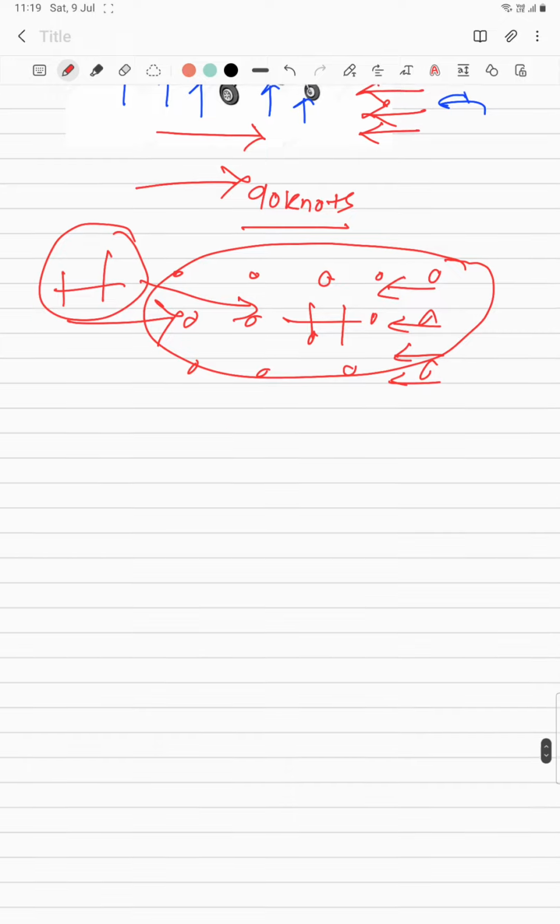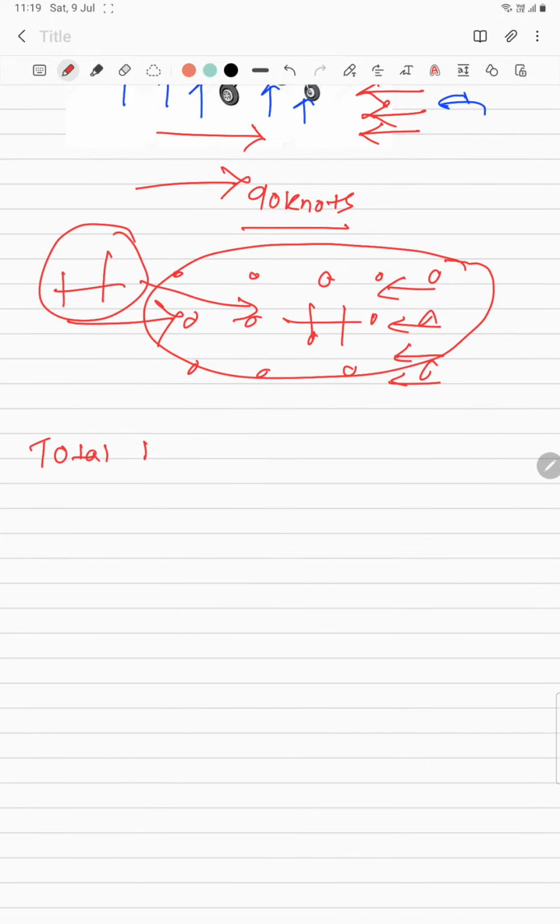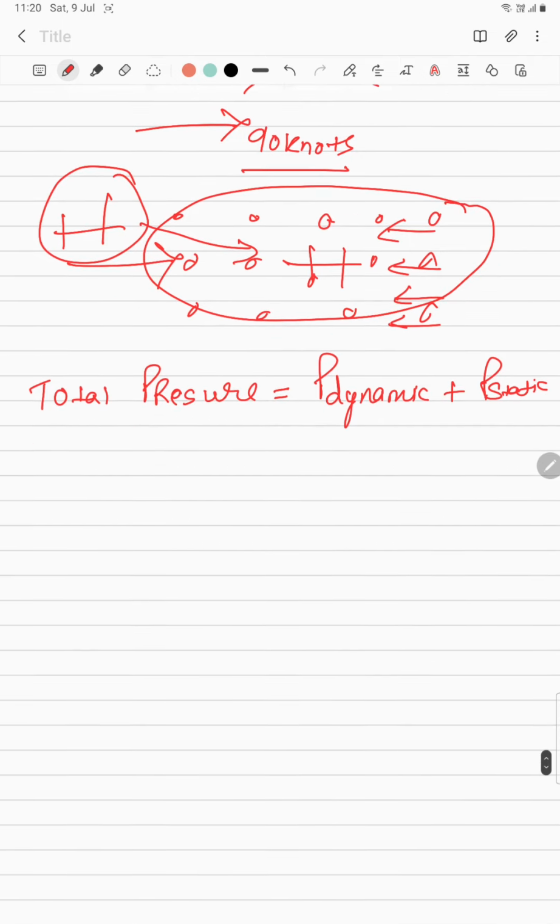Now let's talk about the total pressure, guys. What is total pressure? Total pressure is nothing but your dynamic pressure plus your static pressure. This is your total pressure, and we call this total pressure the Pitot pressure.